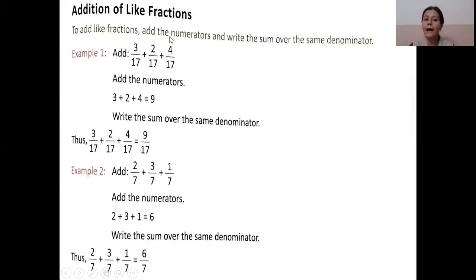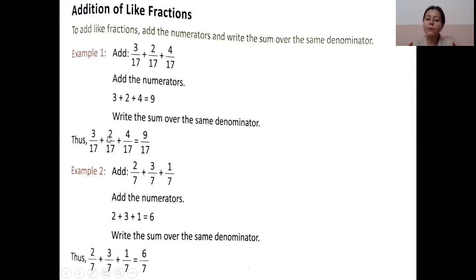Now, children, we'll add only the numerators. Your numerators are 3, 2 and 4. 3 plus 2 is 5. 5 plus 4 is 9. Our next step is that you will write the sum over the same denominator. 3 upon 17 plus 2 upon 17 plus 4 upon 17 will be equal to 9 upon 17, children.